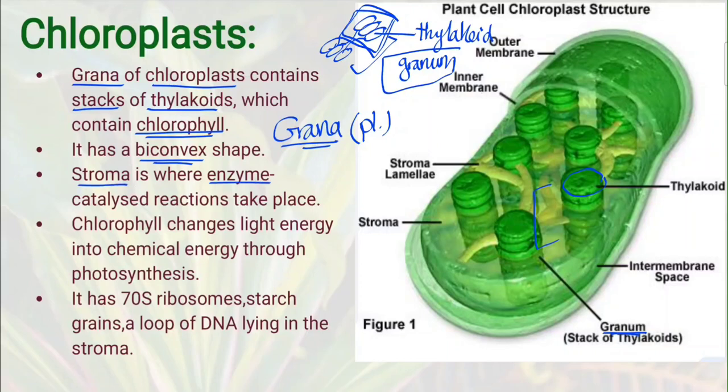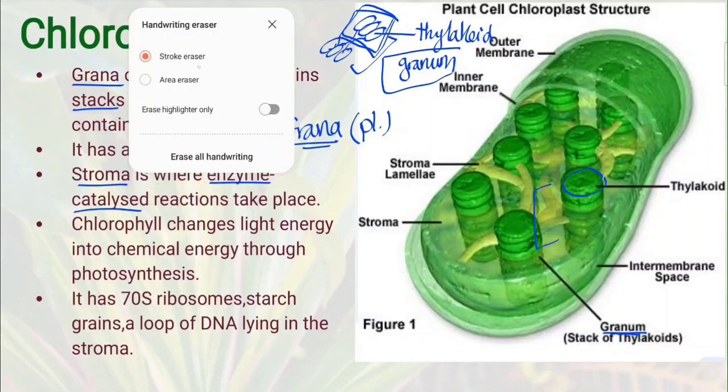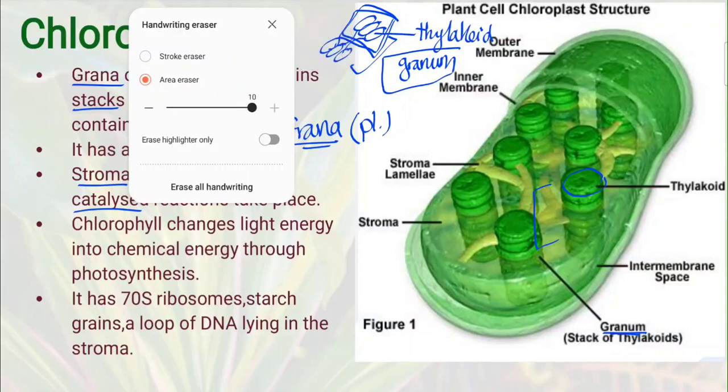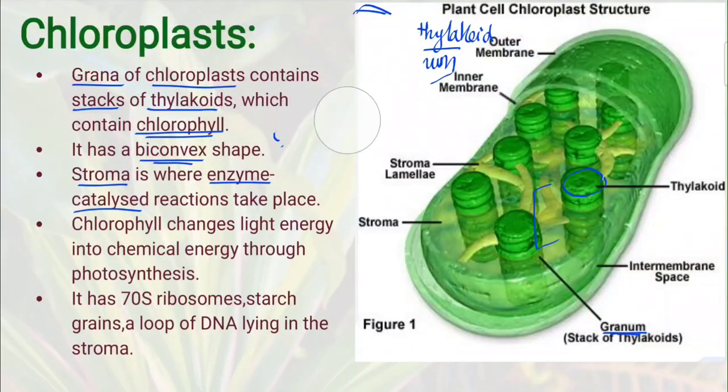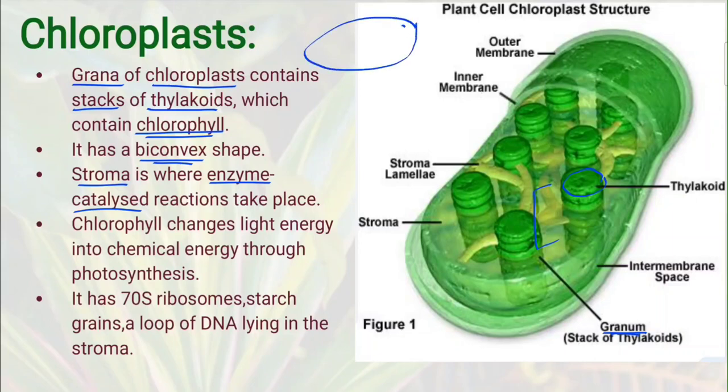Stroma is where enzyme catalyzed reactions take place. I'm going to say this is like the cytoplasm of the chloroplast. We call it stroma. But if you can remember, for the mitochondria, if you're drawing a mitochondria, the thing lying inside it is called matrix.